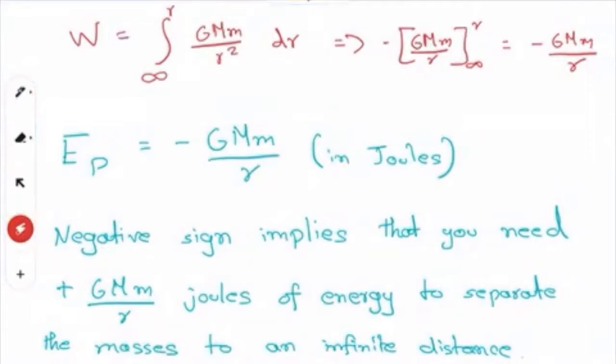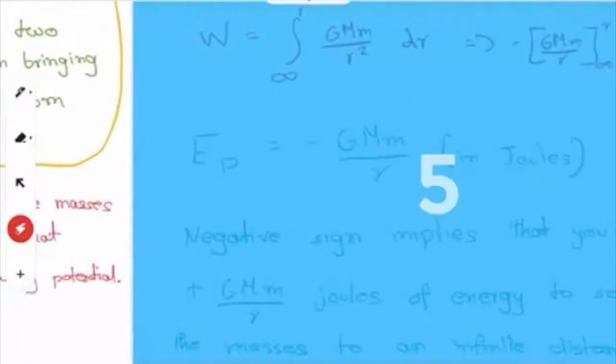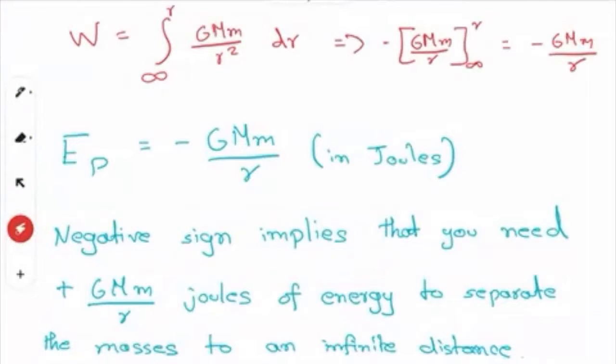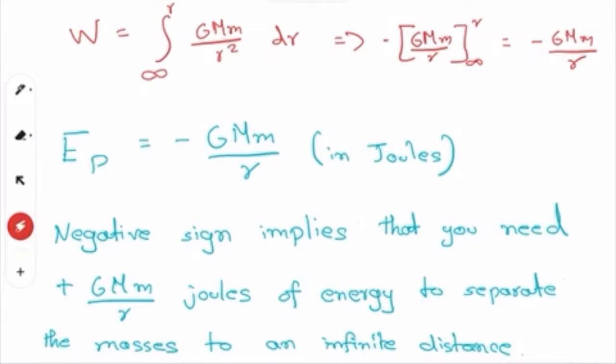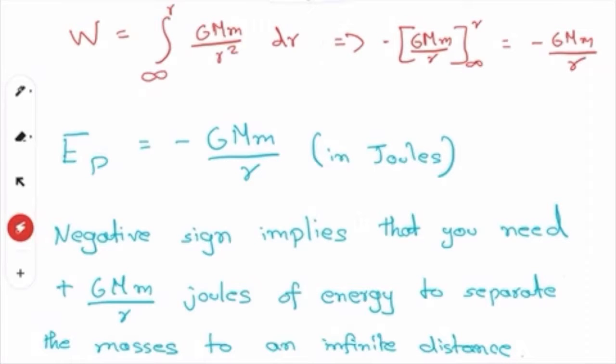Okay, so we've looked at what gravitational potential energy is. Let's look at the formula. If you want to use calculus in order to figure this out, well, this is how we do it. We integrate the formula for gravitational force within the limits r, which is the distance between the two masses, to infinity.